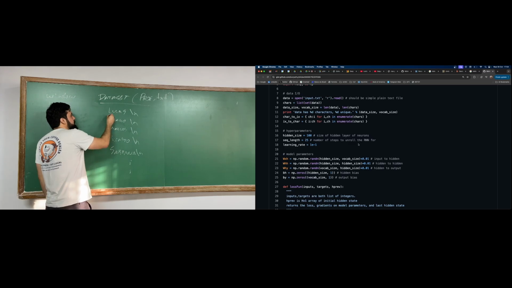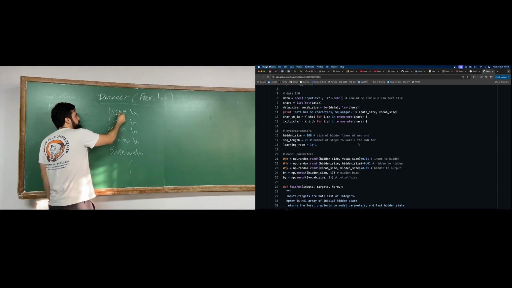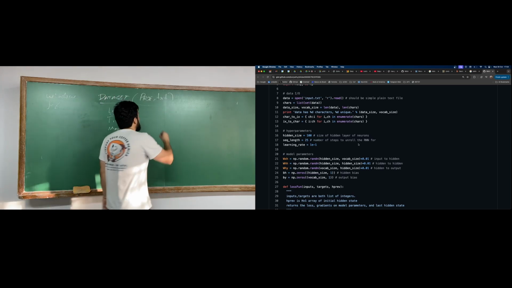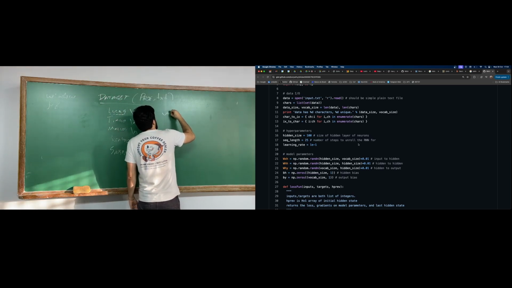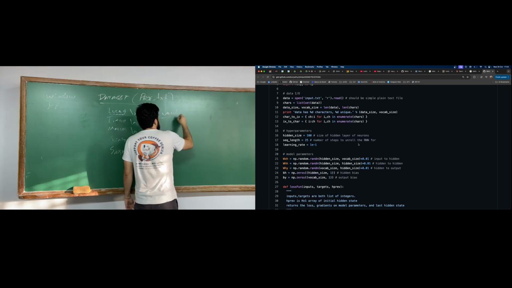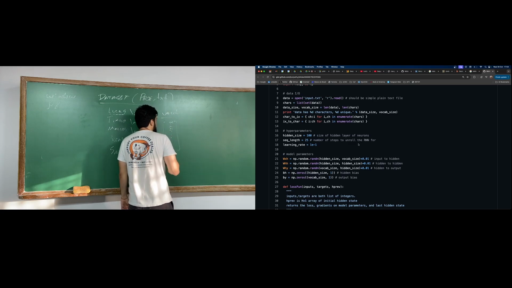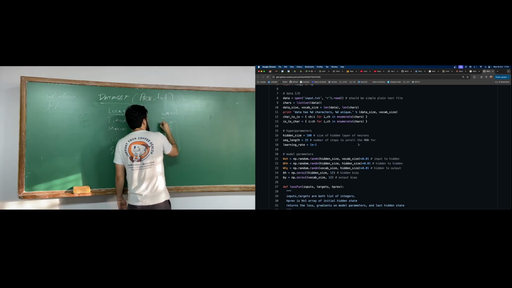And the way you do it is just like every character here now is a vector. And your vocabulary is just all the letters in the alphabet, right? A, B, C, all the way up to Z. So this is 1, 2, and so on. There's what, 26, right?